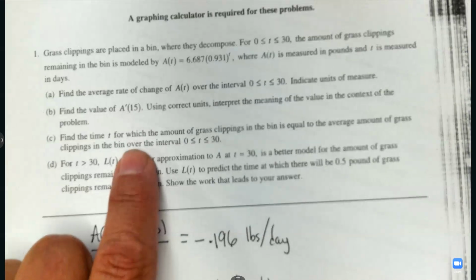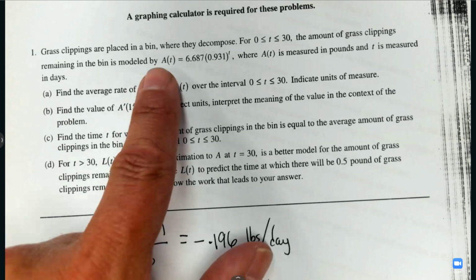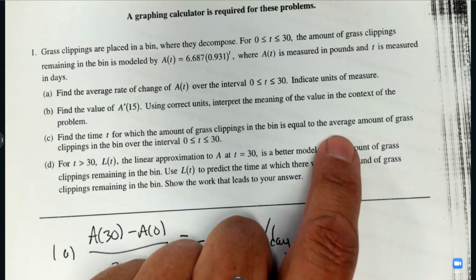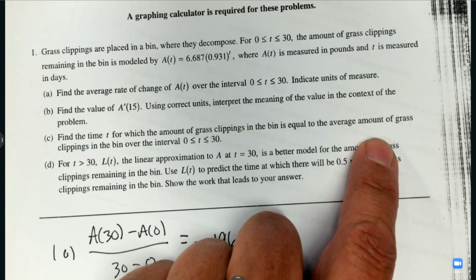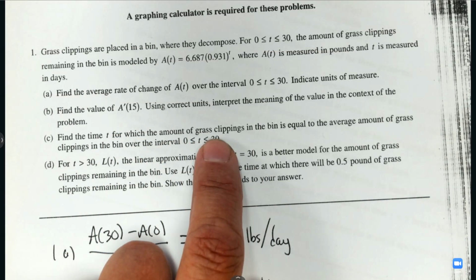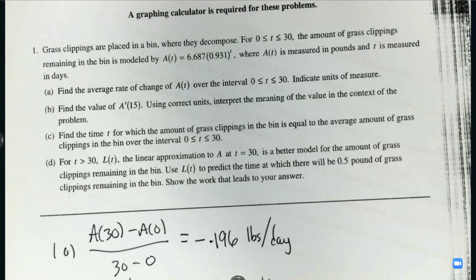C. Find the time for which the amount of grass, so I would have to integrate the rate, is equal to the average amount of grass. So this is average value.